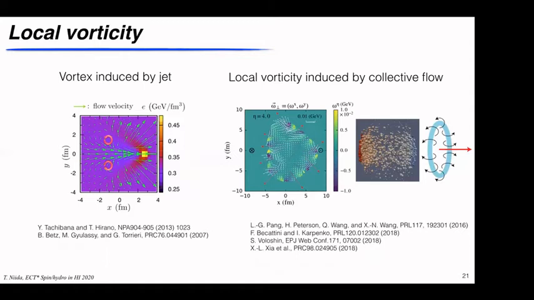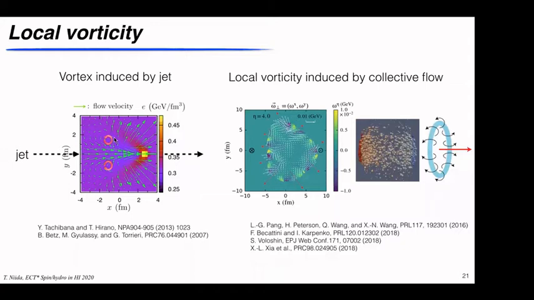So the left plot shows an example of the energy density profile in the transverse plane, where this arrow shows the flow velocity, where the jet passes through from left to right. Then you clearly see along the jet axis this vortex ring here.